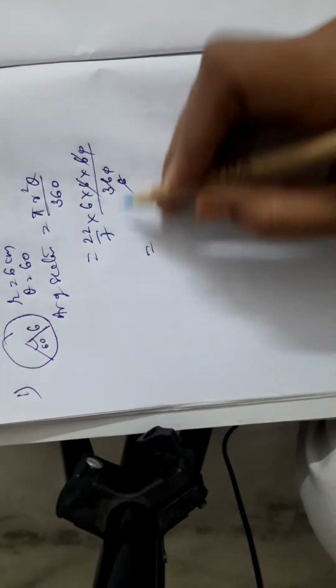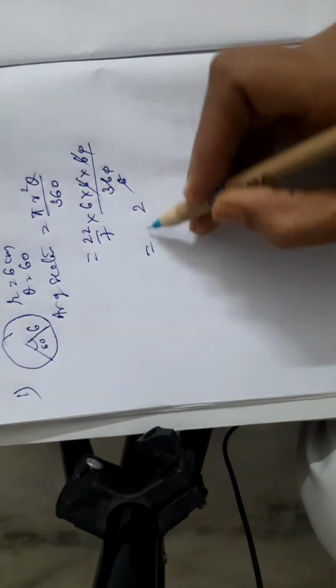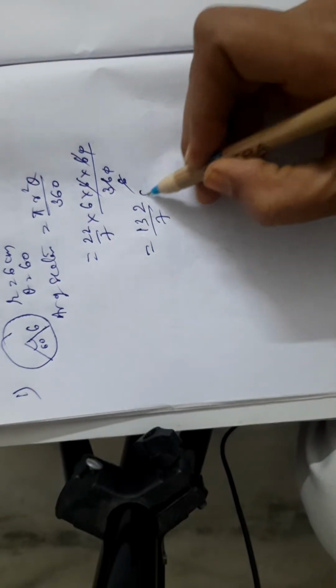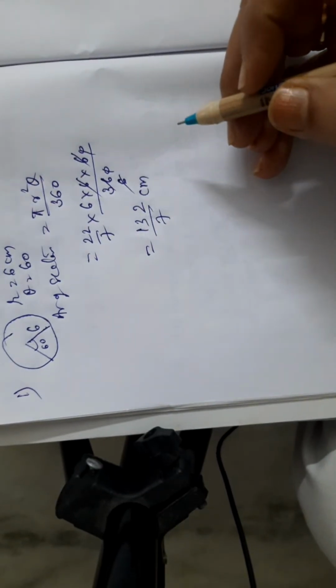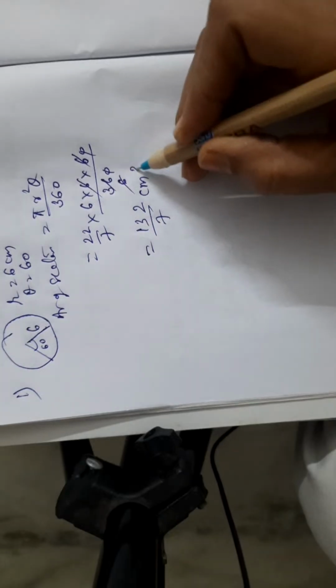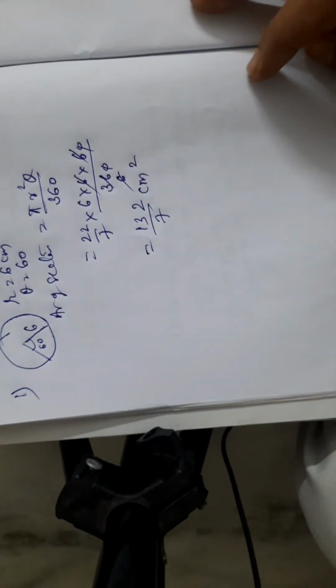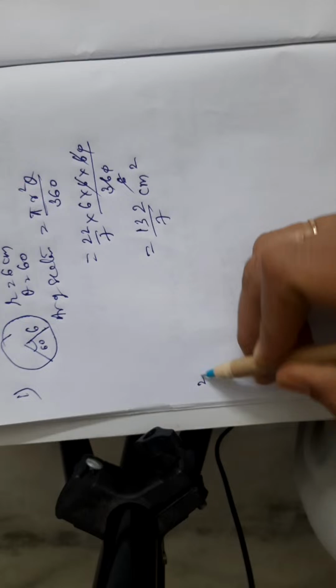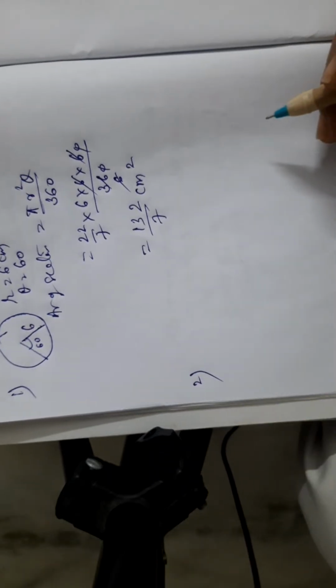In the textbook they are leaving the answers in fraction, but in the exam it is best to represent in decimal. So we got the answer as 132/7 centimeter square. Now let's move to the next question.